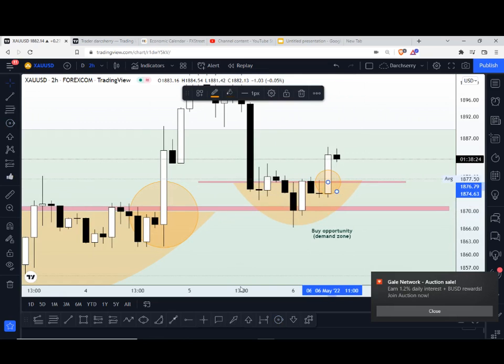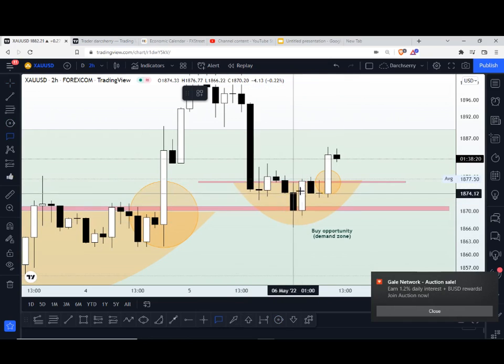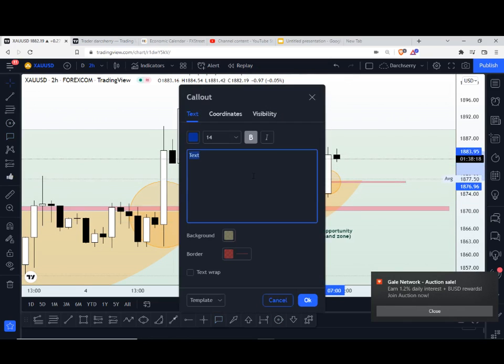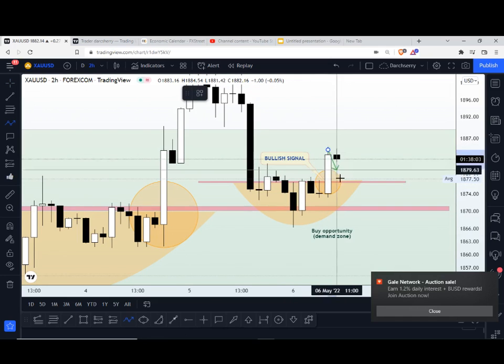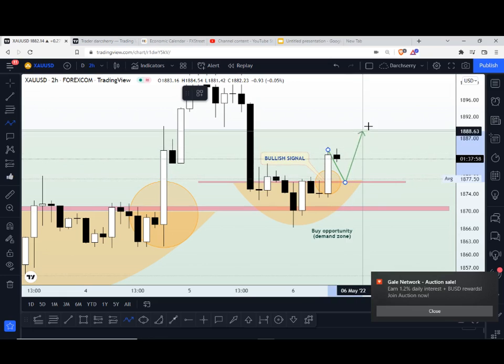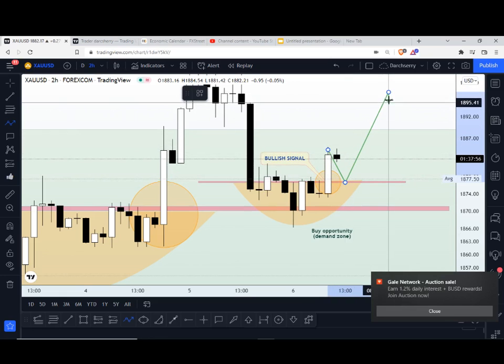Give me a moment, let me label this. Another bullish signal aligning, and then for confirmation purposes we might be looking forward to a retest of this neckline, after which will be our confirmation to take a trade to the upside.